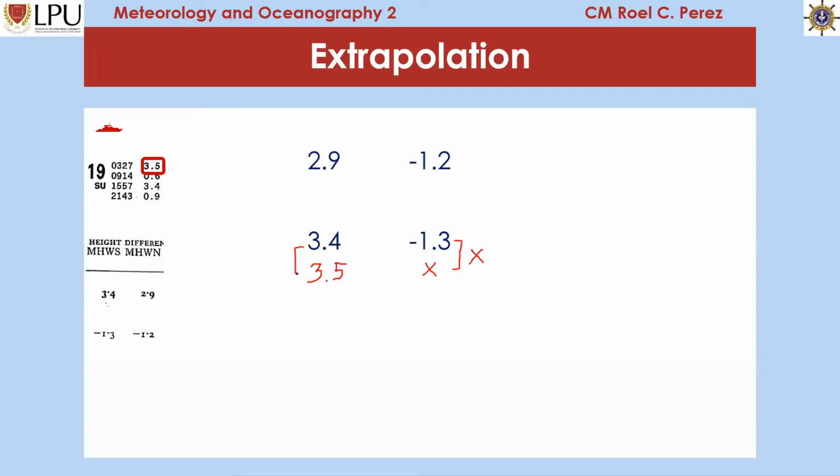And here is 0.1. And then take the difference here. So magkaiba sila ng interpolation, di ba? So the difference is 0.5.